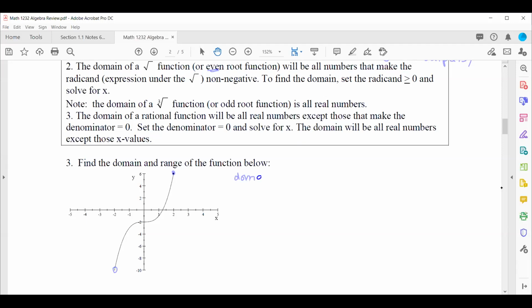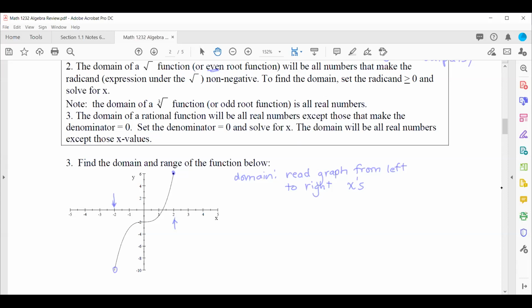So looking at the domain, I like to say I'm reading the graph from left to right, because these are the x's. My x's start right here at -2, and they stop at +2. So basically the x's are going from -2 to +2.